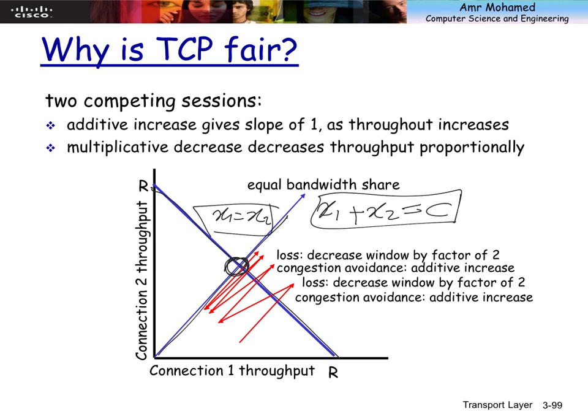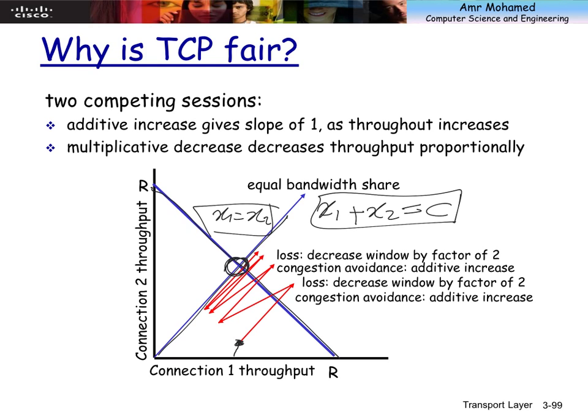If we start at a very arbitrary point here, where we have the slow start phase of the two connections, this point is anywhere in this graph. Of course, obviously, this point provides no fairness, and it provides levels of throughput which are below the capacity.